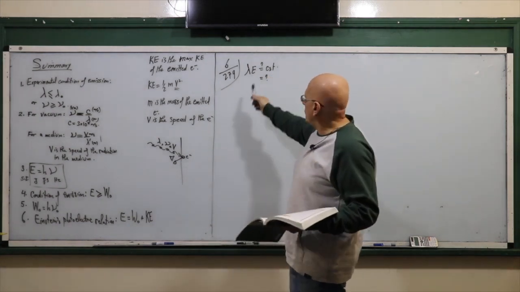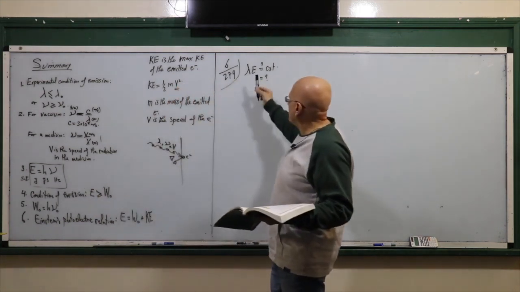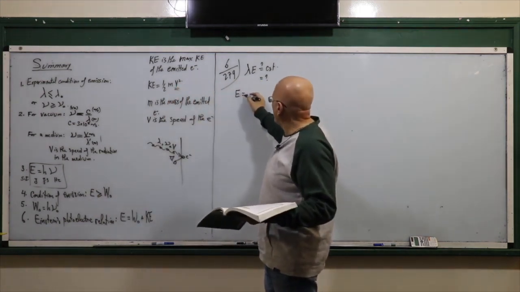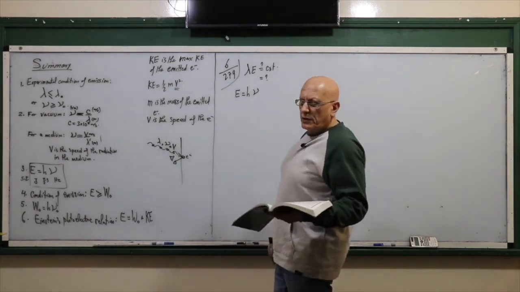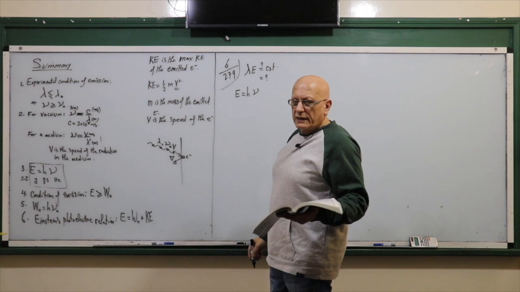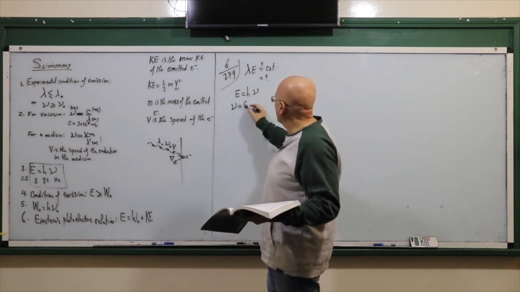As we said, the energy of a photon is equal to h nu. Consider that the medium is air or the radiation is moving in vacuum. We can write nu equal to c over lambda.